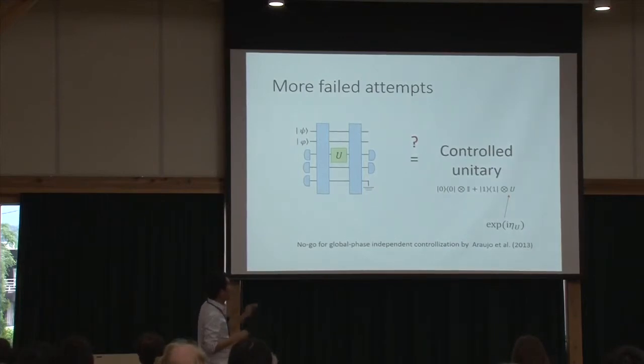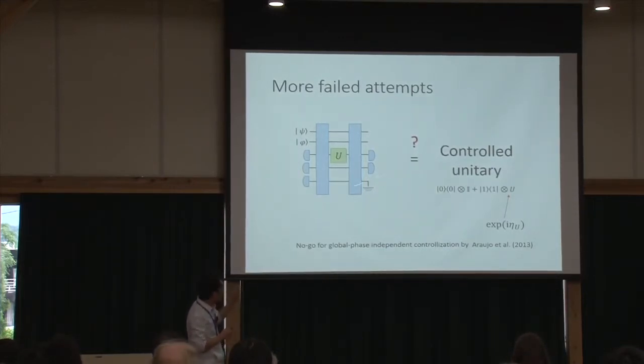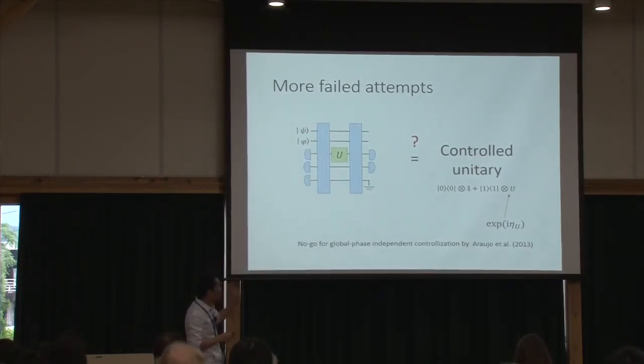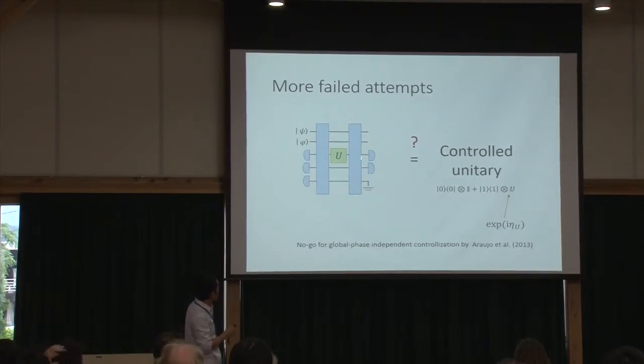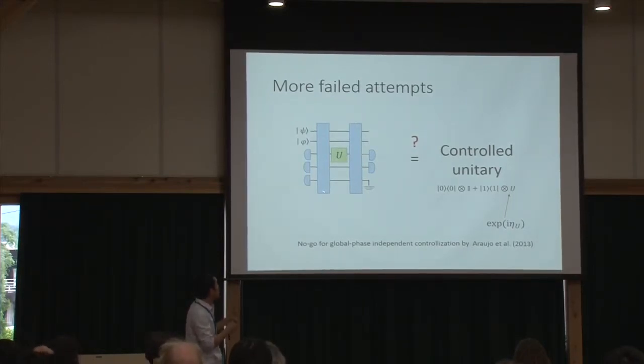And they asked whether you can use this kind of quantum network to implement this circuit, this unitary. But I remind you that this naive controllization is not possible from the outset, because over here on the left, the physical content of U is independent of the global phase, right?